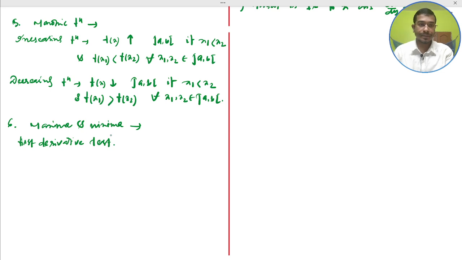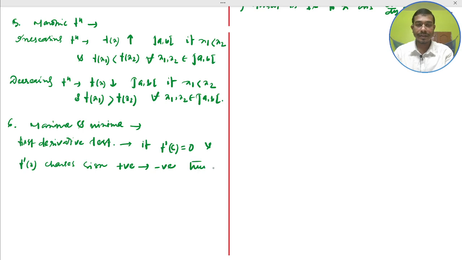The first derivative test states that if f dash at c is equal to 0 and the first derivative f dash x changes sign from positive to negative, then c is a point of local maxima.